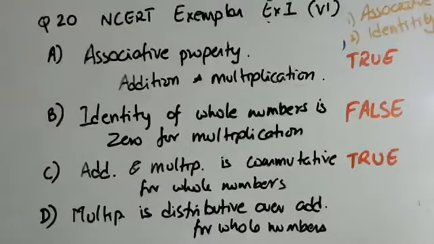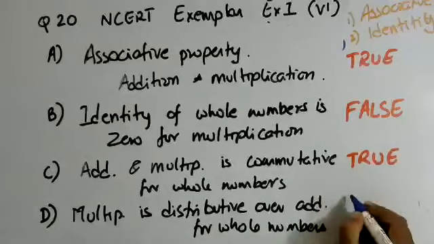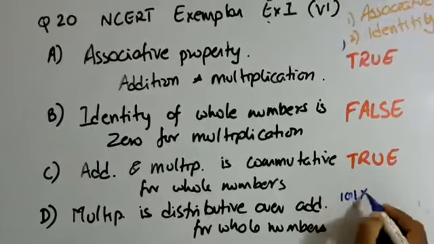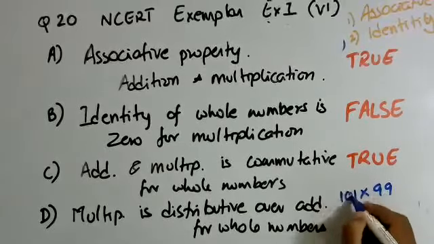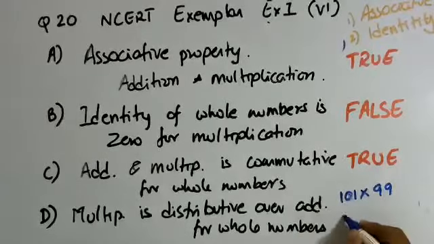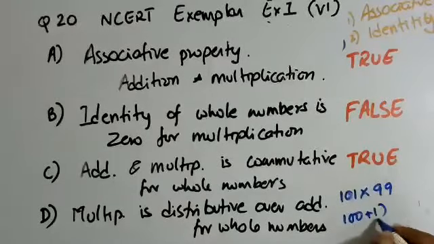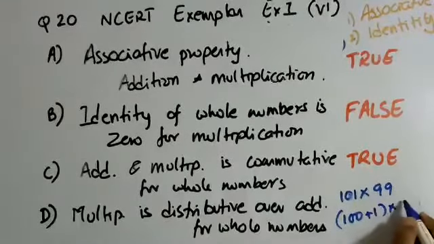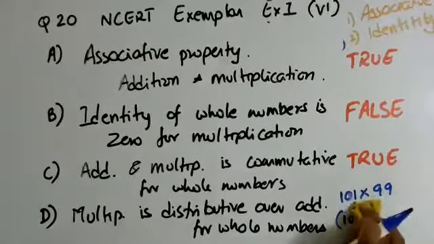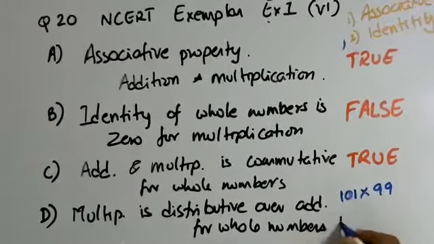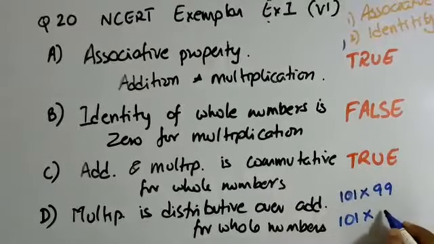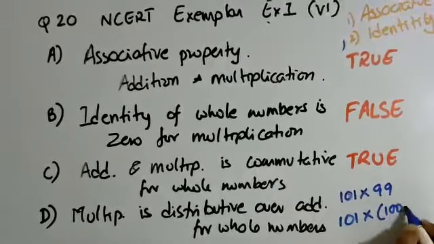Tell me. So like you have a sum like 101 into 99. So you can write 101 into 100 minus 1. No, no, you don't have to write 100 plus 1. You have to directly write 101 and not in brackets. 101 into brackets 100 minus 1.